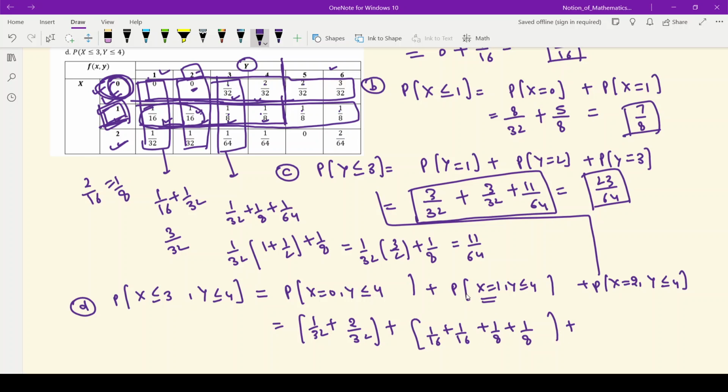The last is probability at x equal to 2 but y less than or equal to 4, the summation of these values: 1 by 32 plus 1 by 32 plus 1 by 32 plus 1 by 64 plus 1 by 64. All these values add up to 9 by 16.